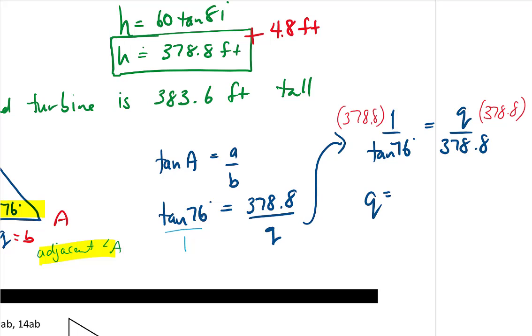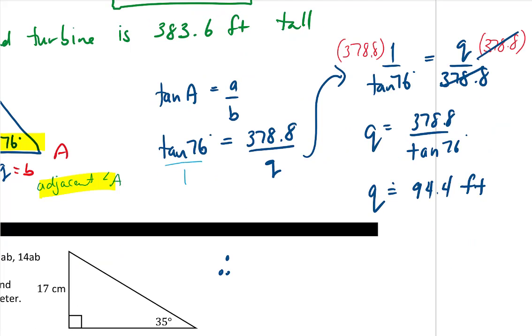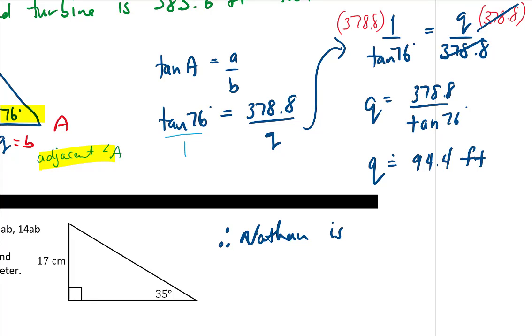And we end up with Q is equal to 378.8 over tan of 76. So remember, these cancel each other out to give us 1. The rest is calculator work. And we end up with Q is approximately 94.4 feet. So therefore, Nathan is 94.4 feet from the turbine.